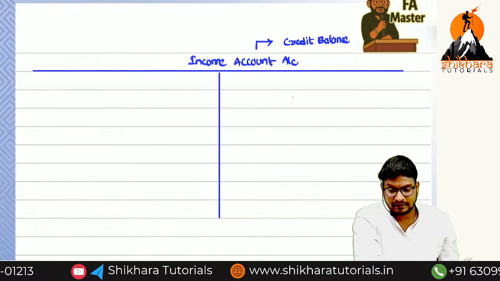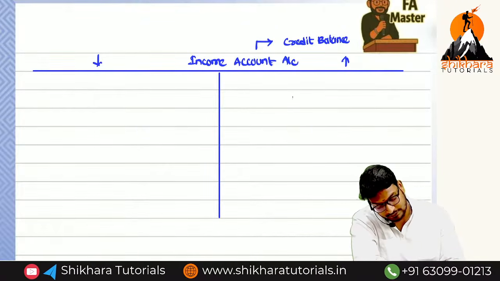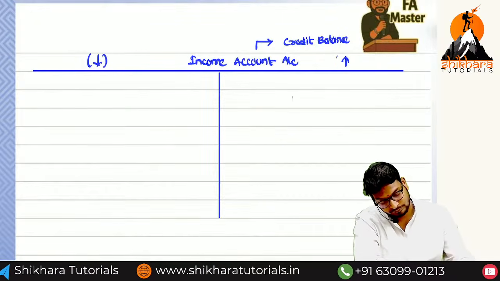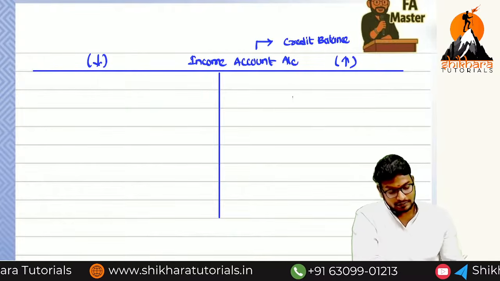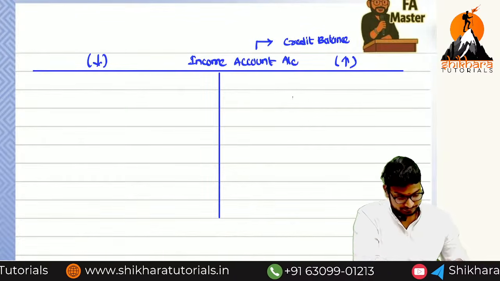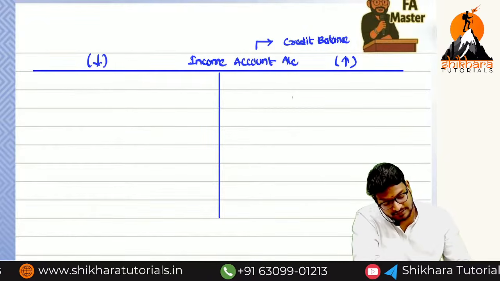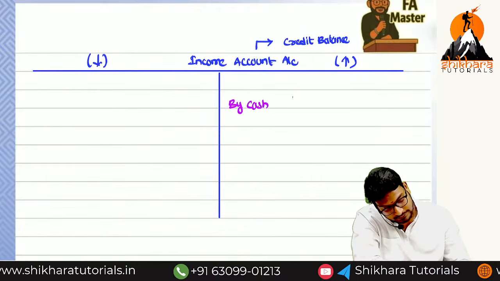The credit balance increases on which side? Credit side. Decreases means which side? Debit side. Now, for income received, what is the entry? Cash or bank account debited to income account. Which side? Credit side. By cash or bank account.